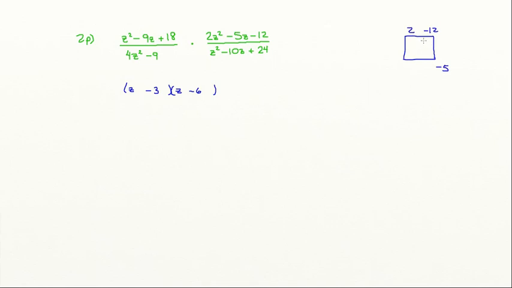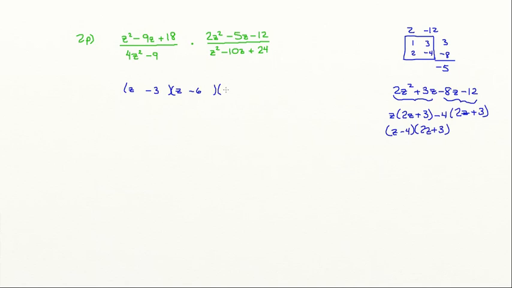Factors of 2 and factors of 12. Okay, so let's just do the work on the side here. Factor the first two terms. Factor the last two terms. Okay, so those are our factors. Z minus 4 times 2z plus 3.